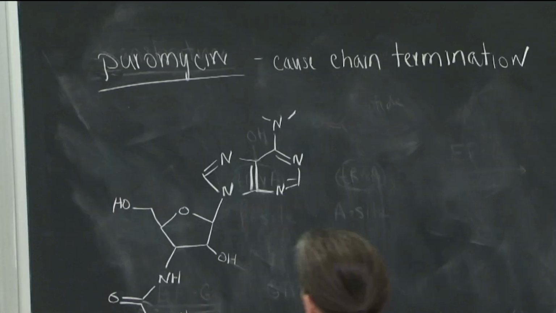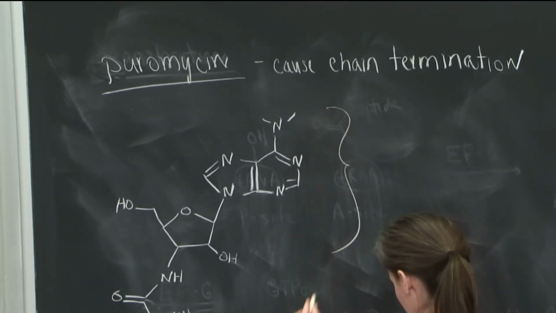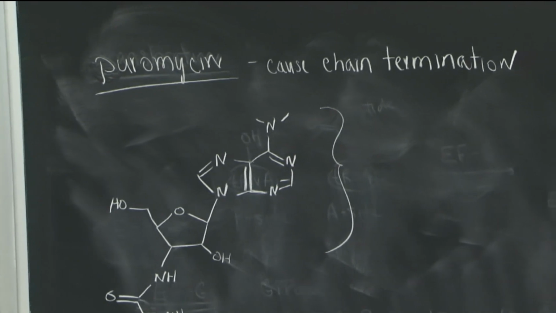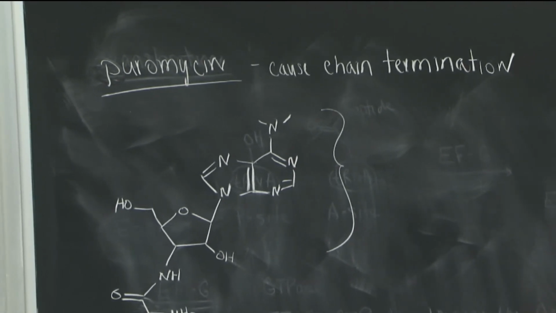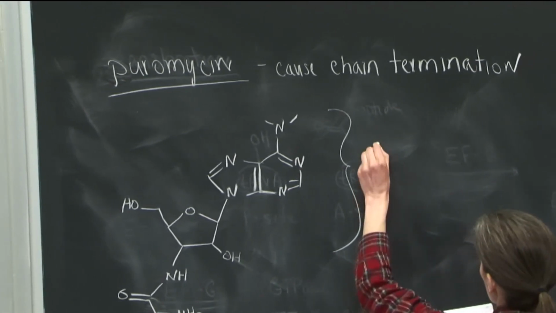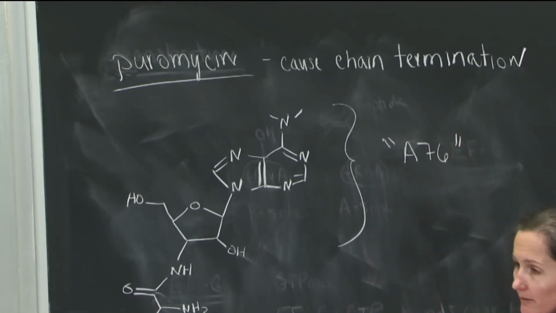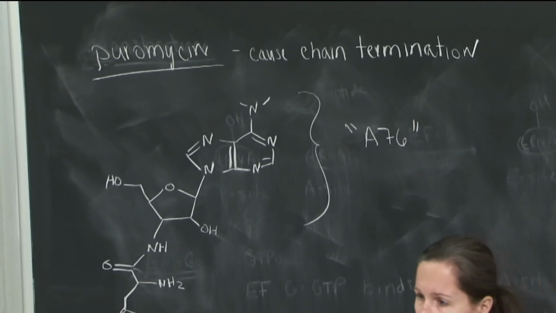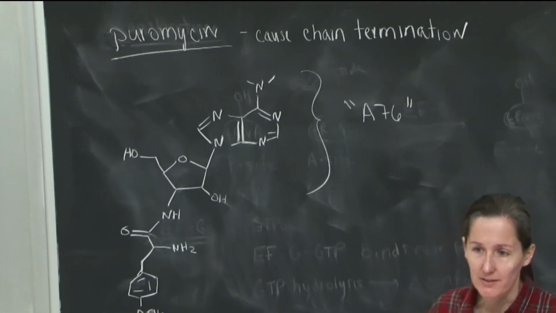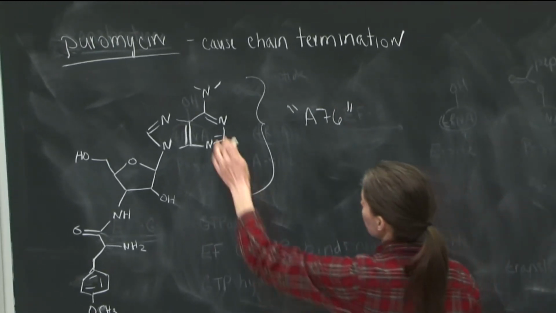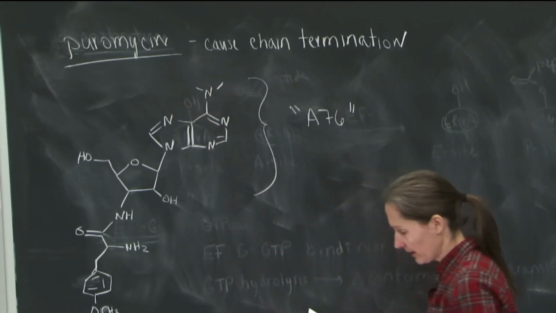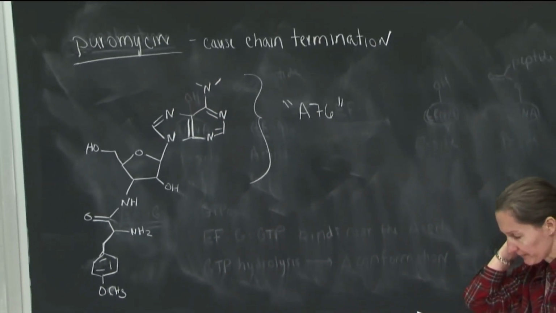What do we have up here? We have something that's adenosine-like. Not exactly the same structure, but this moiety is similar to A76 at the 3' end of the tRNA. We have these methyl groups rather than NH2, but similar.